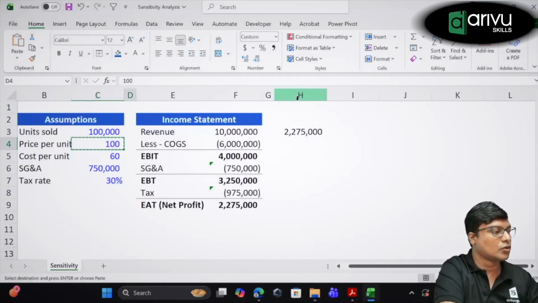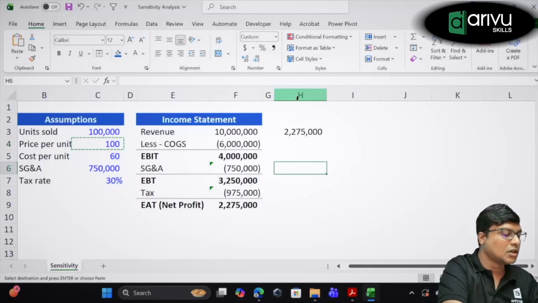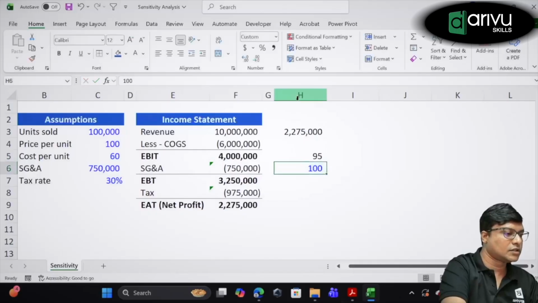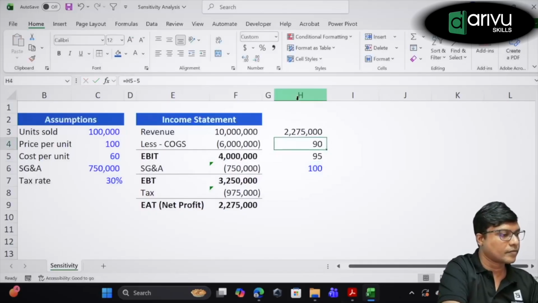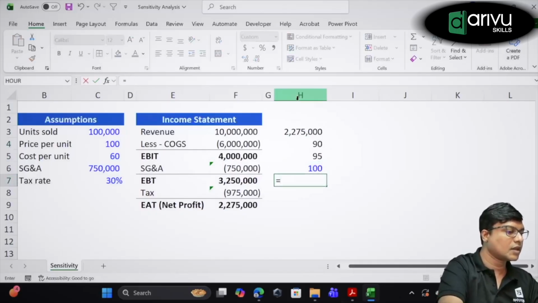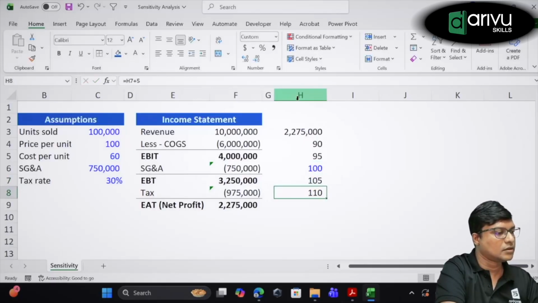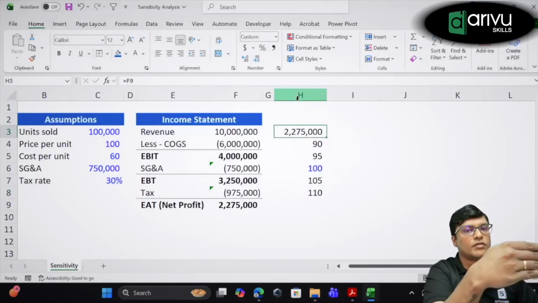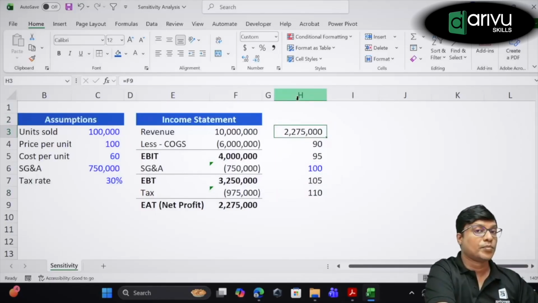So here what I'll do is I'll copy this price per unit, paste it here, then I'll decrease it by 5 rupees. Increase it by 5 rupees. Same way, if the quantity sold is at different levels, what shall be the profit levels?